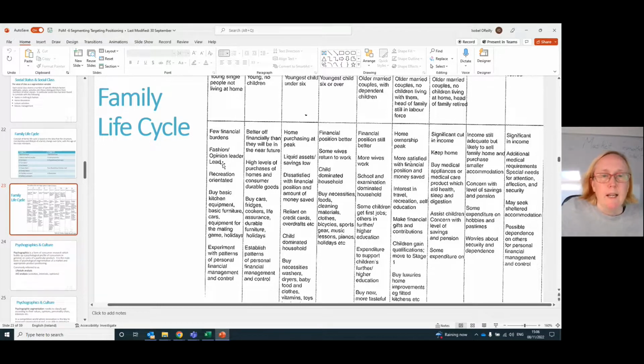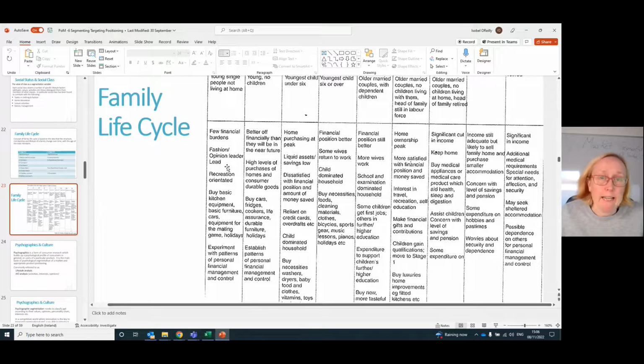These people are interested in fashion, and they are opinion leader or fashion leader led. That means they look to people they admire, celebrities or influencers of some kind, to follow trends, people they want to emulate, and they will wear their brands if they're promoting stuff.